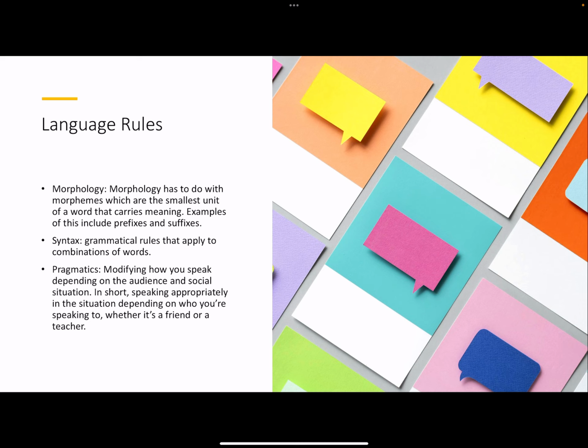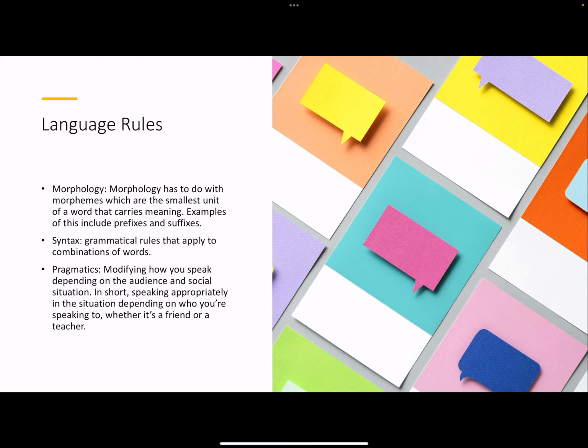Next, we had language rules. So there were 3 of these listed. Morphology is based on morphemes, which has to do with the smallest unit of a word that carries meaning. So an example of this would be prefixes and suffixes. So in a word like preheat, the morpheme would be pre. So next, for syntax, I understood this as grammatical rules that apply to a combination of words.